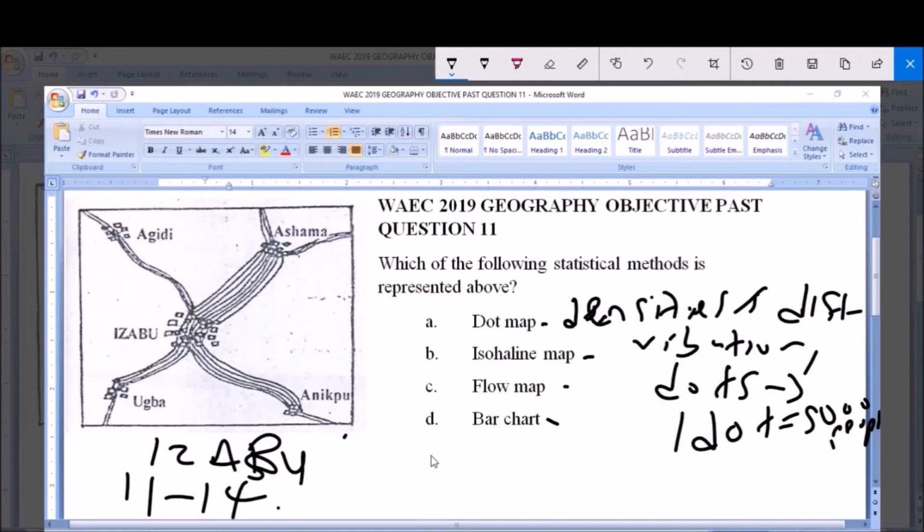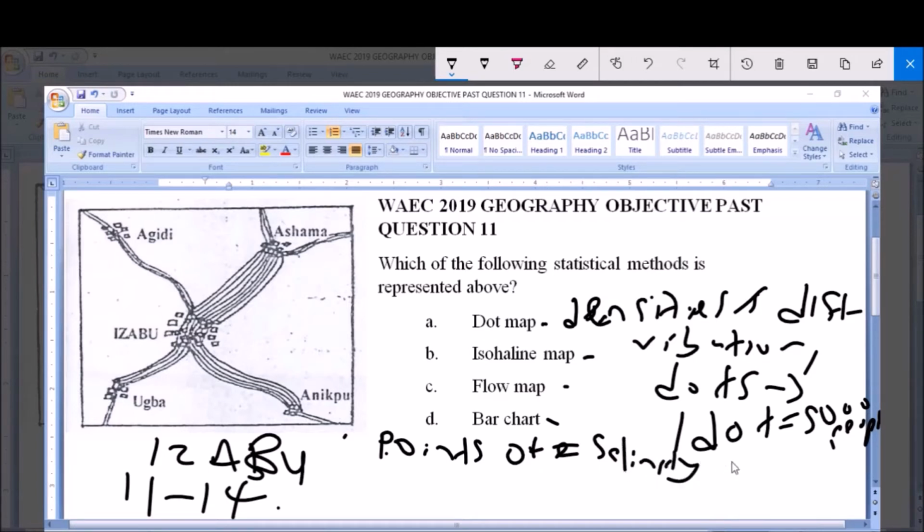Now, an isohaline map is a map that indicates points of equal salinity in the ocean.